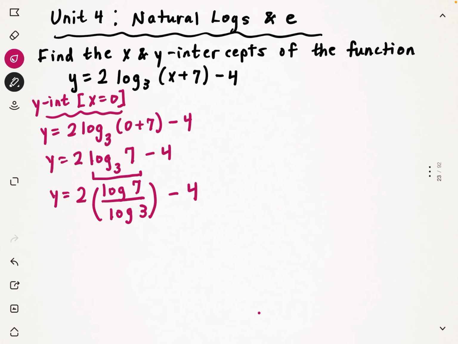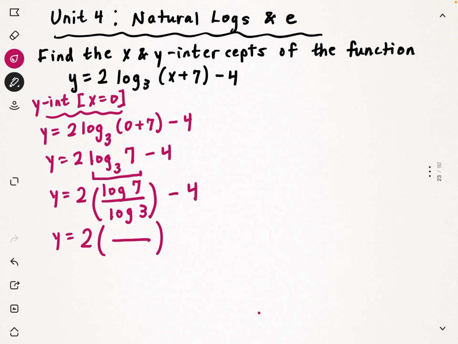Some of you can, but a lot of calculators just have log subscript 10. So this is a way so that everybody can do this. From there, you're just going to do log 7 divided by log 3 in your calculator.